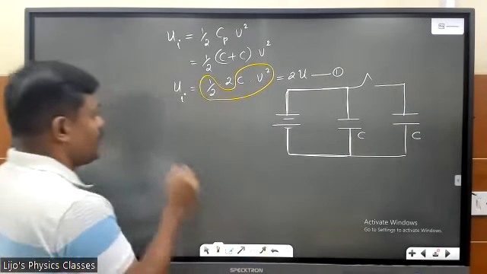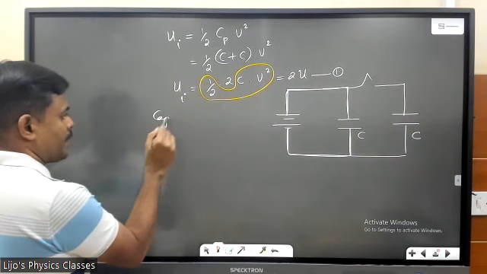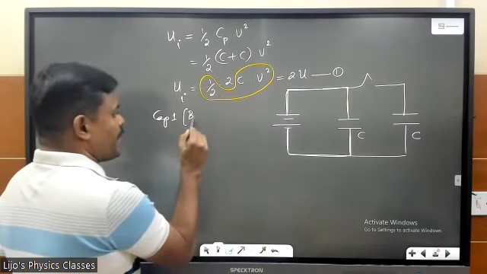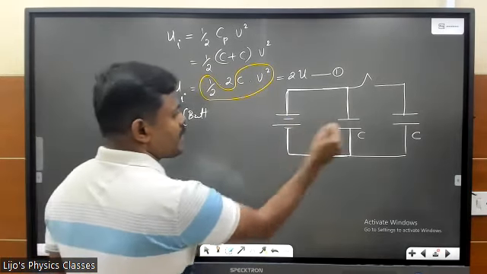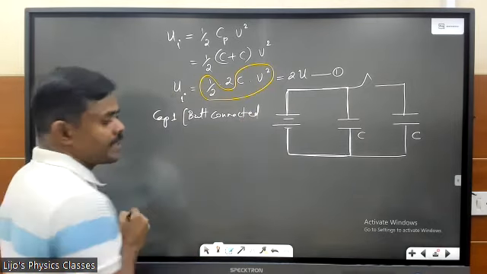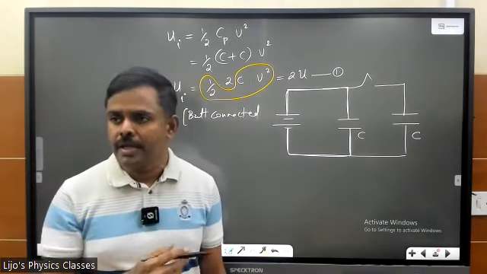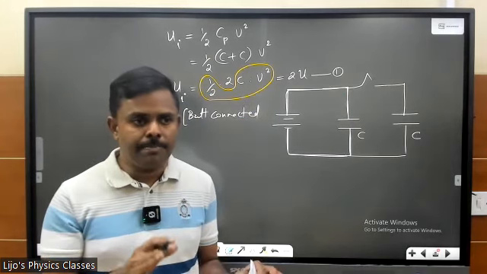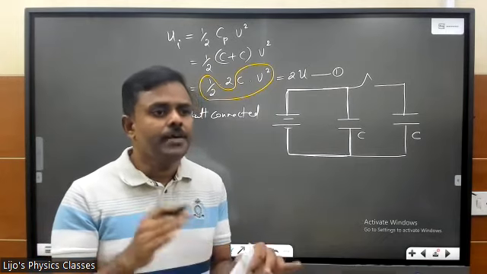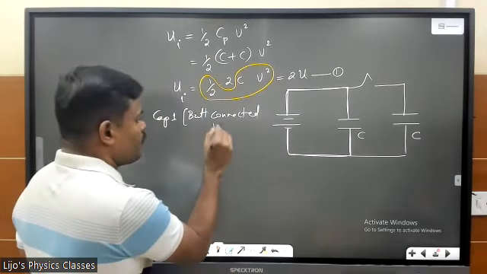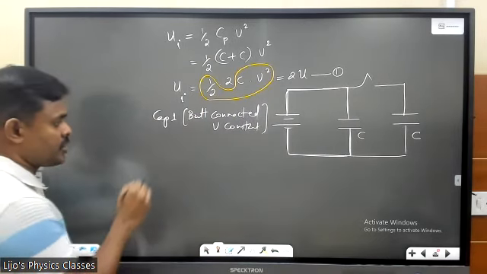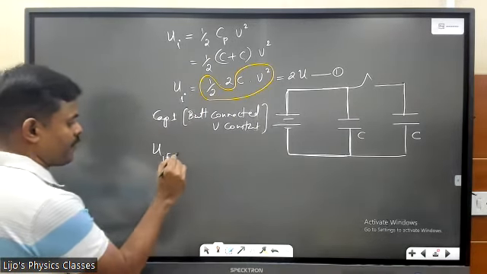Correct? So let us look at capacitor number 1. Tell me about capacitor number 1. Battery is still connected. Battery connected means who must be constant? Voltage must be constant. Supply voltage must be constant. If the battery still stays connected, that means voltage is constant. So while writing the equation for energy, U1F.